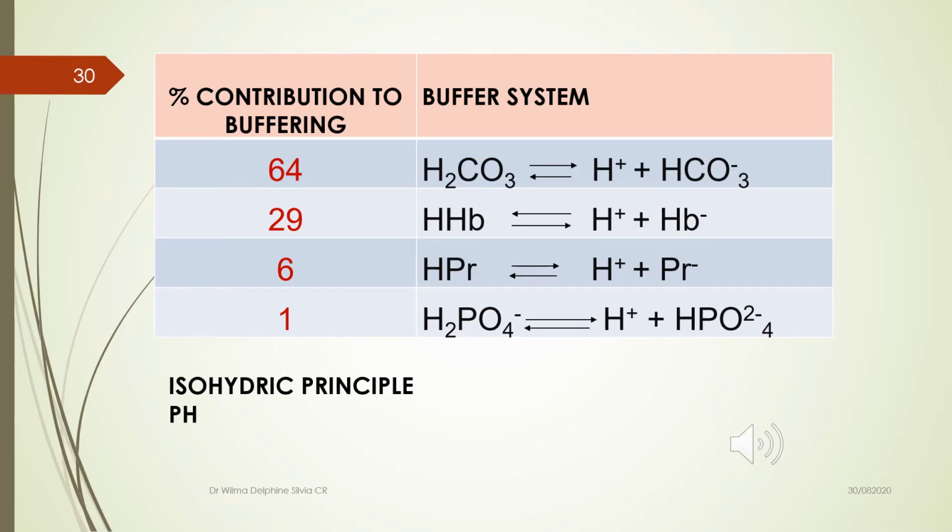So the percentage contribution of buffer systems of the body fluid is as follows: 64% by the bicarbonate buffer system, 29% by the hemoglobin buffer system, 6% by the protein buffer system, and 1% by the phosphate buffer system.